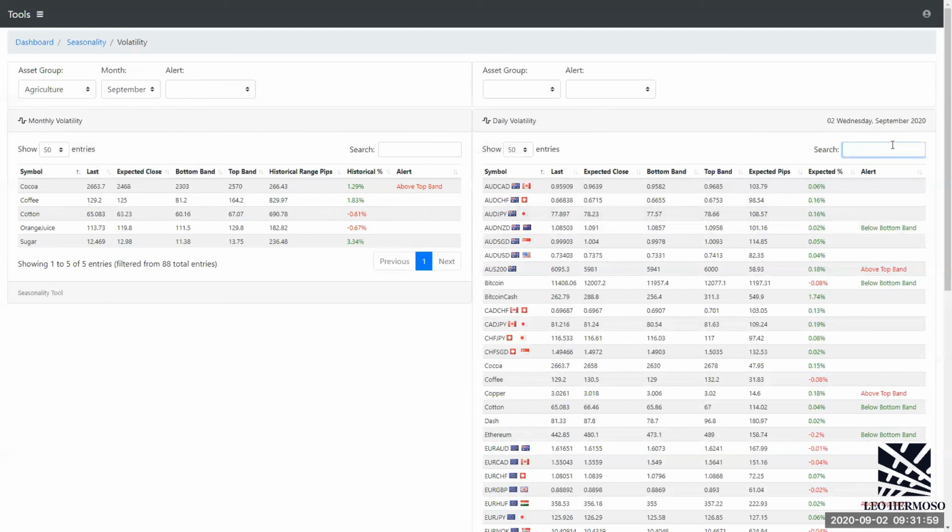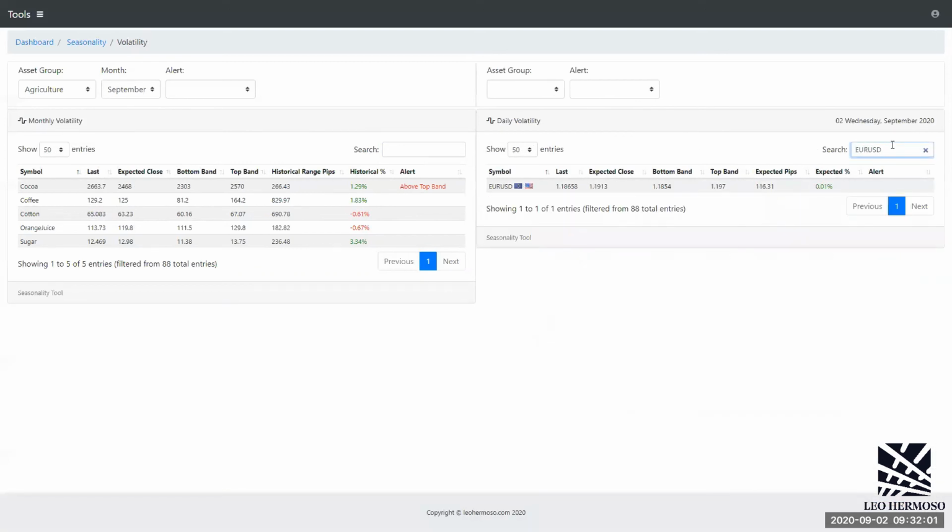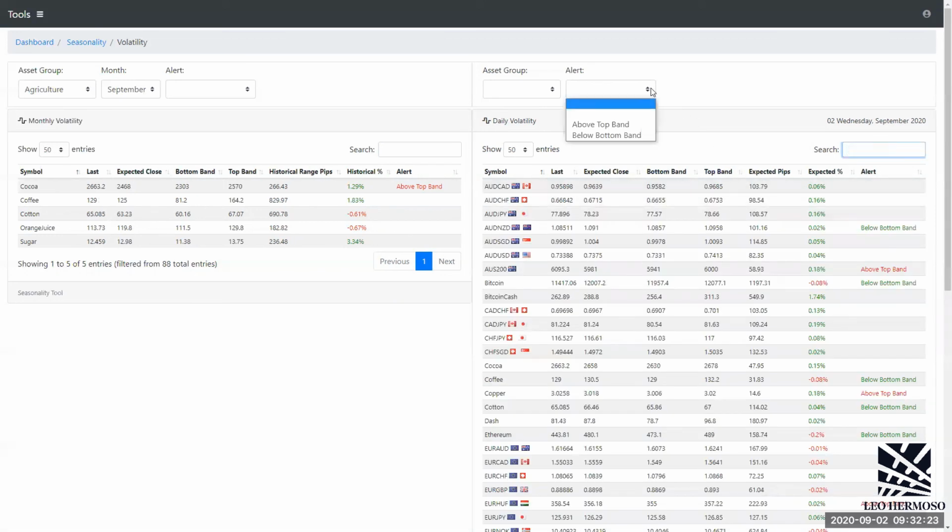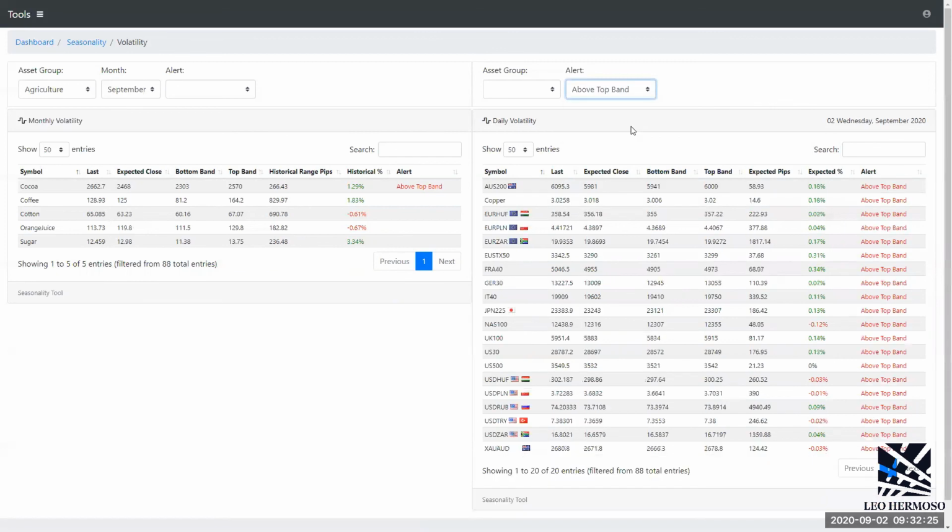So if we filter for Euro USD, we know that every Wednesday in September since 2000, from low to high, Euro USD trades a range of 116 pips. Again, my friends, the idea here is always to give you intelligence to do your trading.